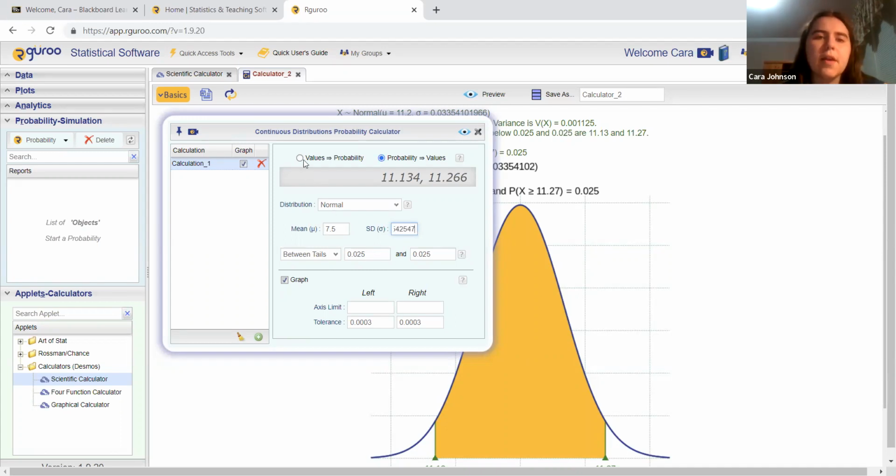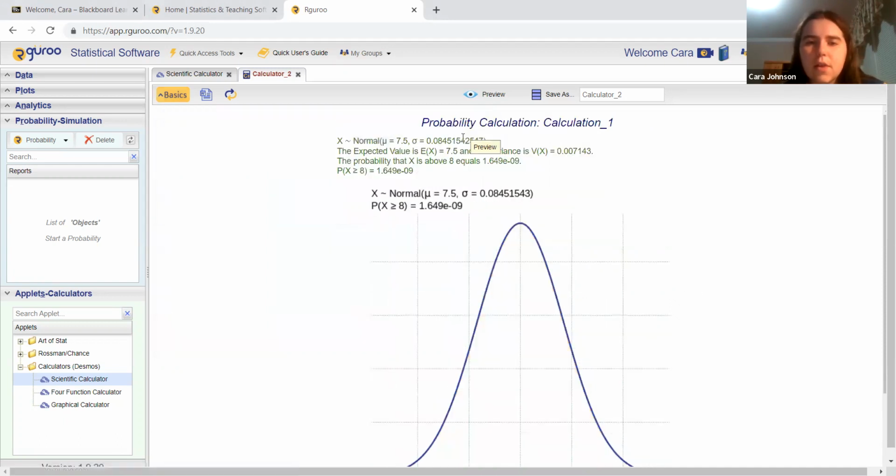All right, and then the first question is asking for a proportion. That's the same as probability, so I'm going to switch the buttons here. Find the proportion of the sample mean weights that are 8 ounces or more. Proportion means I'm finding a probability, that's why I have this selected. I'm going to put above 8 and then hit the eyeball. That gets me this very tiny number.